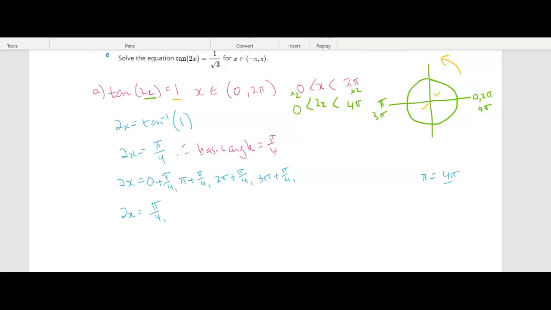Okay, so 4 pi plus pi is 5 pi on 4, and then 2 pi is going to be 8 pi on 4. So this is going to become 9 pi on 4. And then 3 pi becomes 12 pi, so 13 pi on 4.